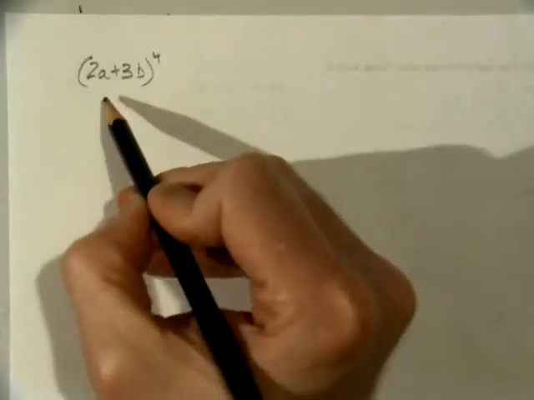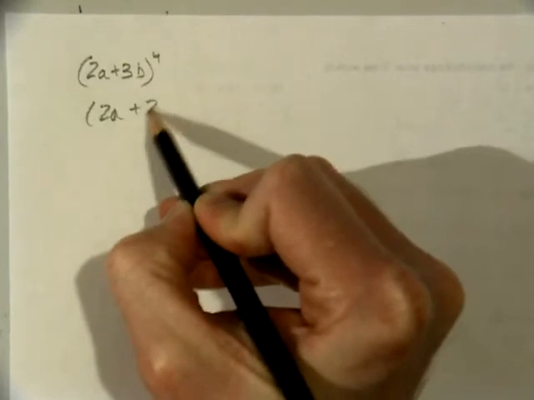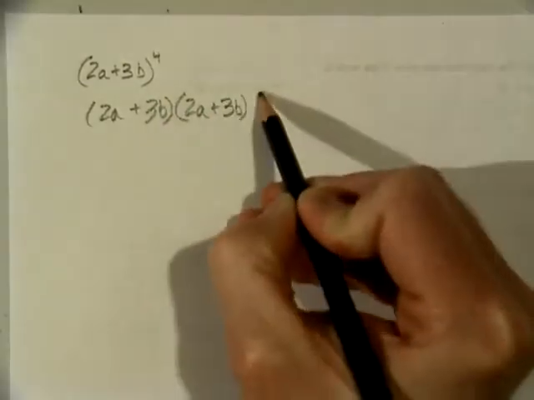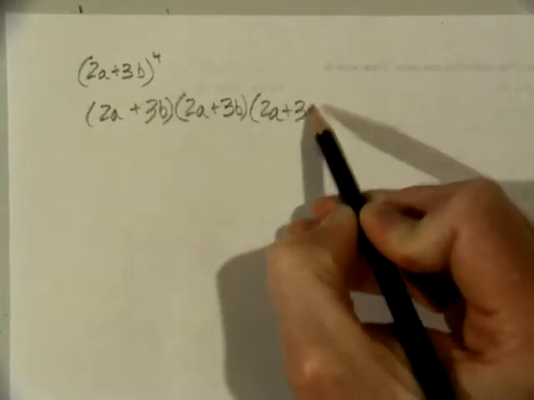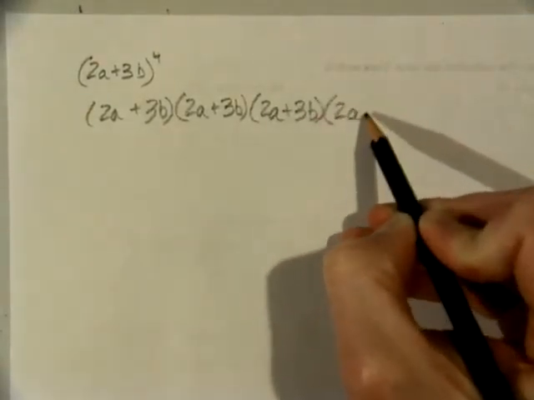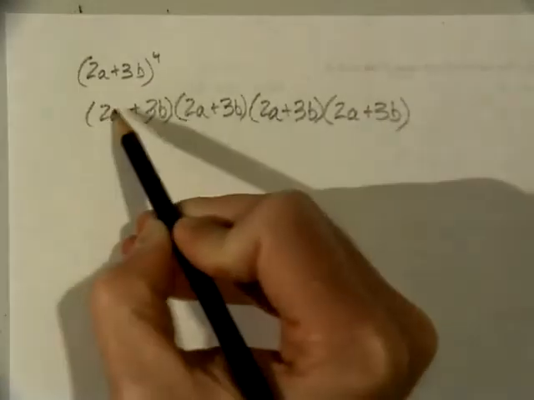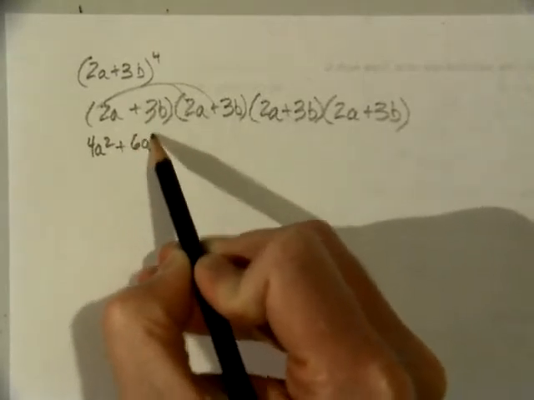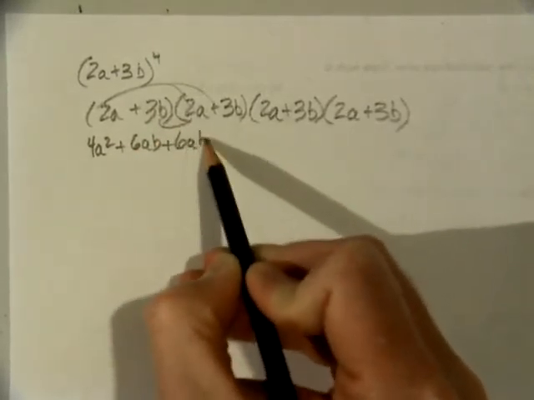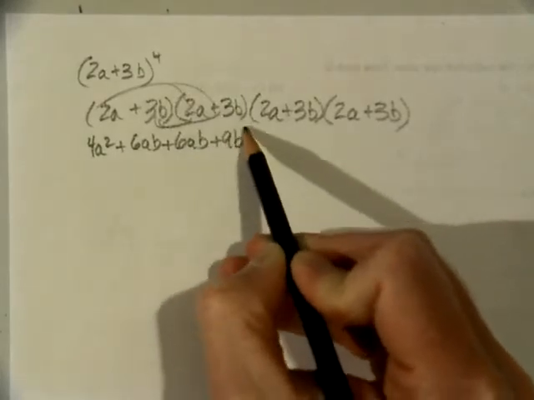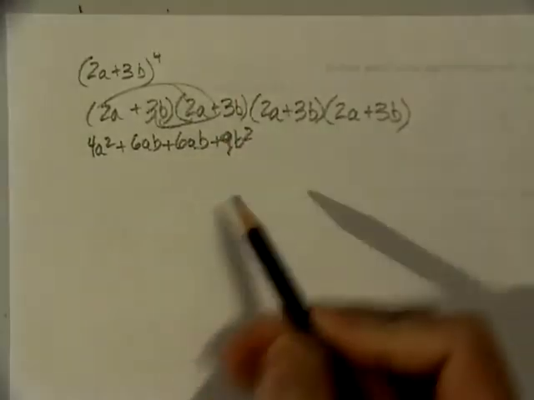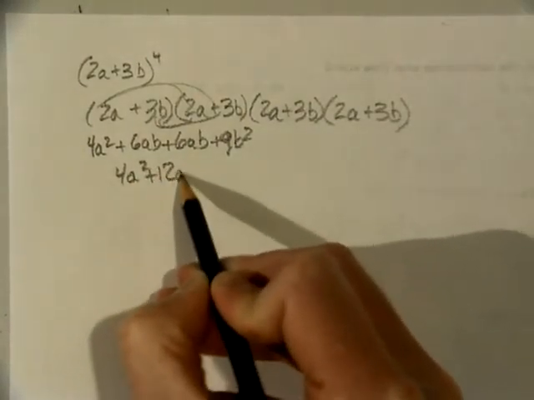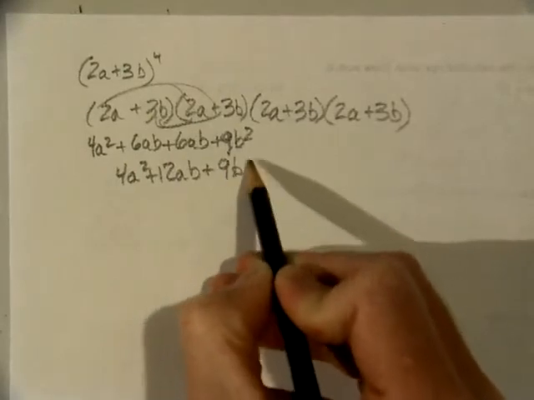If you would like to see it worked out the long way, okay, so this would become 4a squared plus 12ab plus 9b squared.